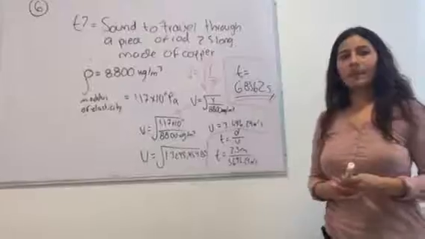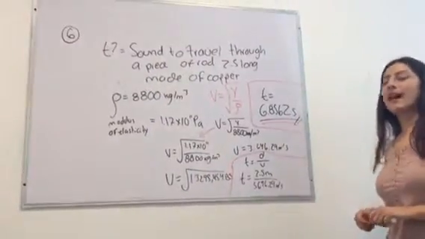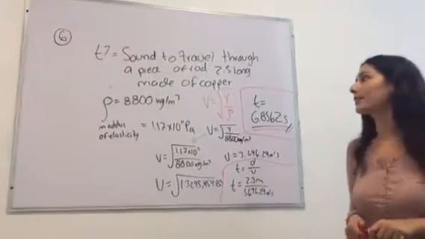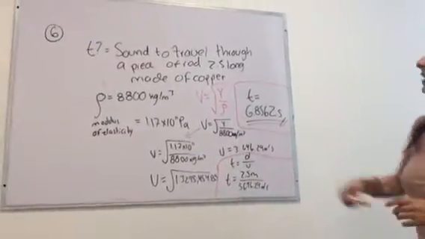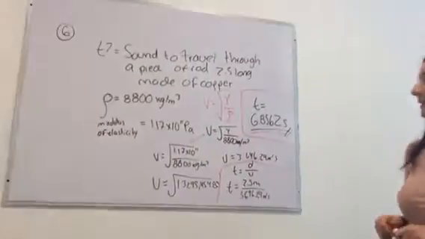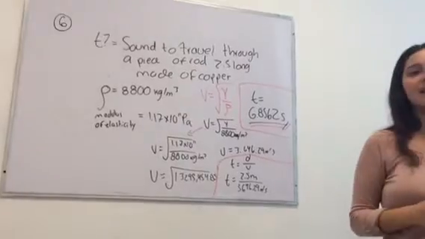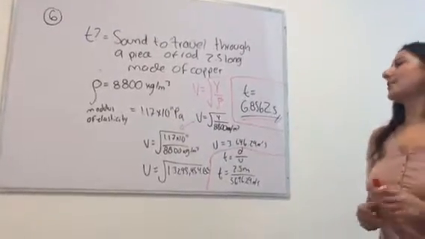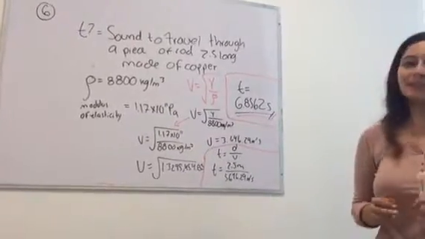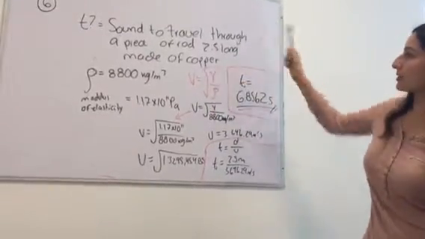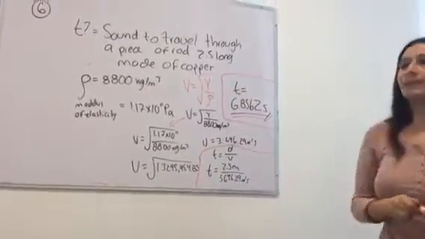In the sixth problem, they ask us the time it takes the sound to travel through a piece of rod 2.5 meters long made of copper. They give us the density of copper of 1,800 kilograms per cubic meter and the modulus of elasticity of 1.17 times 10 to the 11 pascals. So we use the formula for velocity equals the square root of Y over the density.